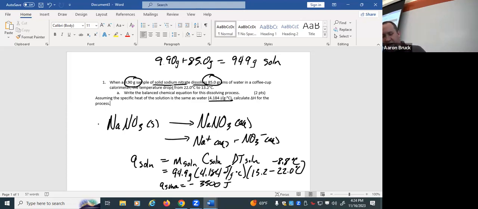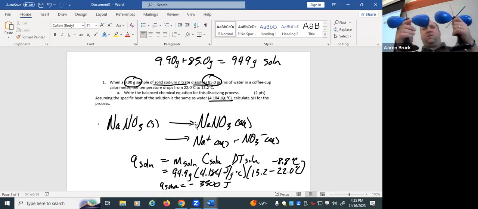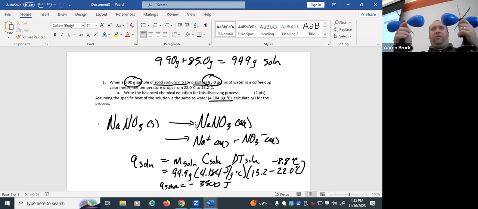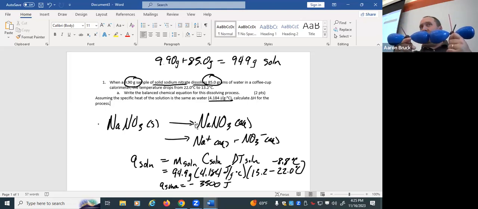So for sigma and pi, what we are talking about is the difference of overlaps. In sigma bonding, we're talking specifically about the direct overlap of orbitals.